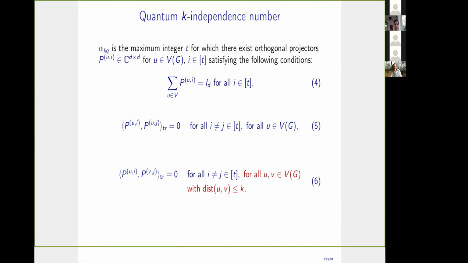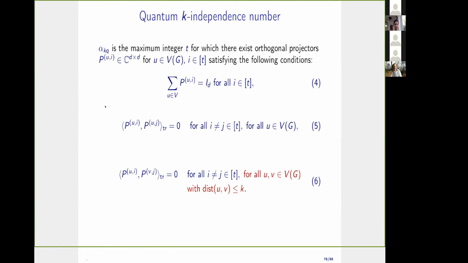The only new thing you need is to constrain, instead of making the orthogonality product zero for any edge in the independent set, that it is zero when the distance is smaller or equal than k.